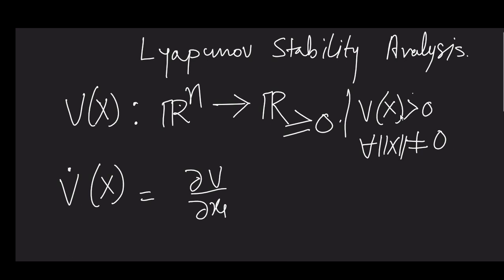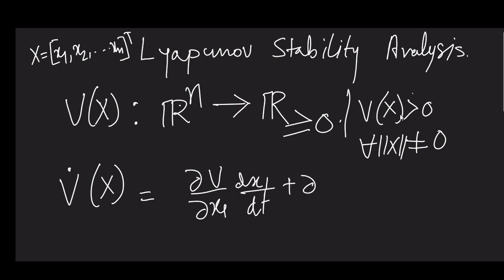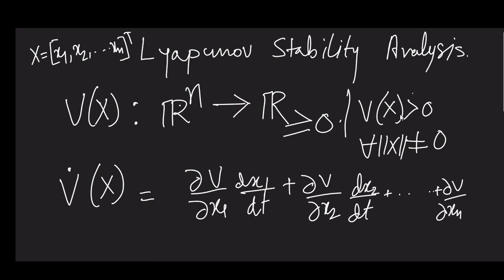Say, if our x has n components, x equals x1, x2, up to xn transpose, then we can write it as del V del x1 dx1 dt plus del V del x2 dx2 dt, and so on.